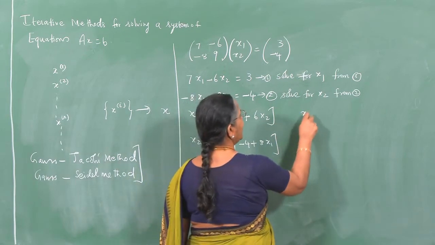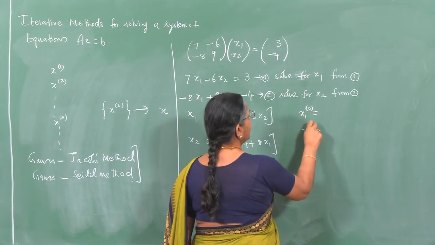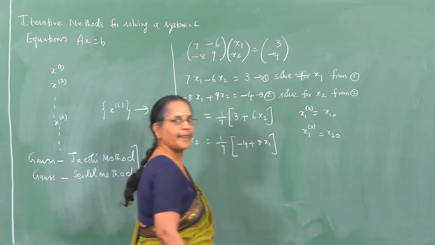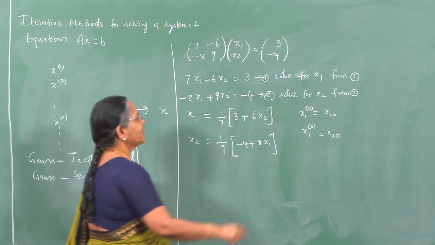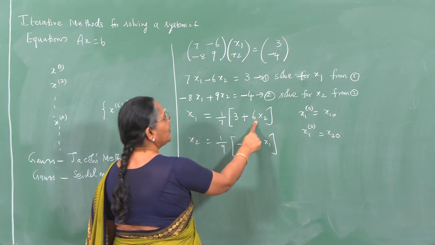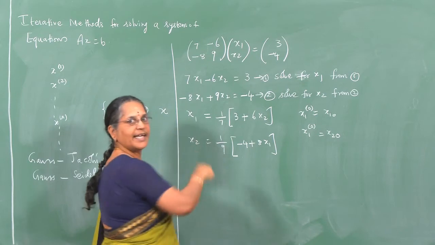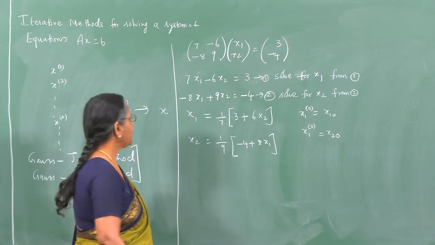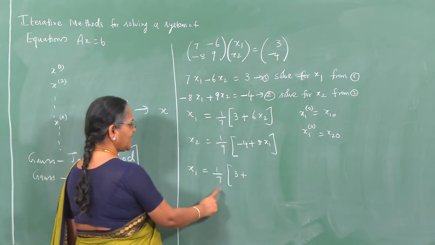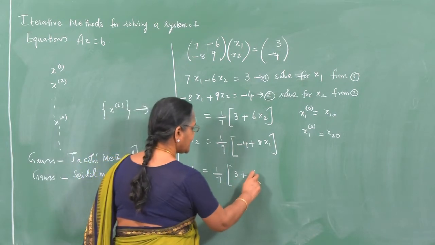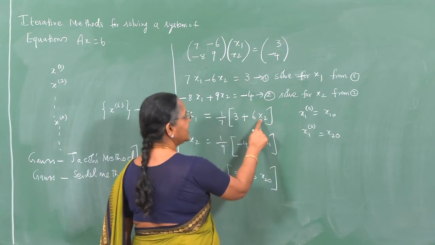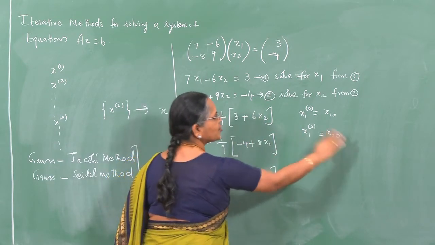Initially I shall take my solution as x1^(0) and x2^(0), and use that solution in the right-hand side to compute the solution for the unknown variables. So, I get x1 = (1/7)(3 + 6 x2^(0)), because my initial approximation for x2 is x2^(0).